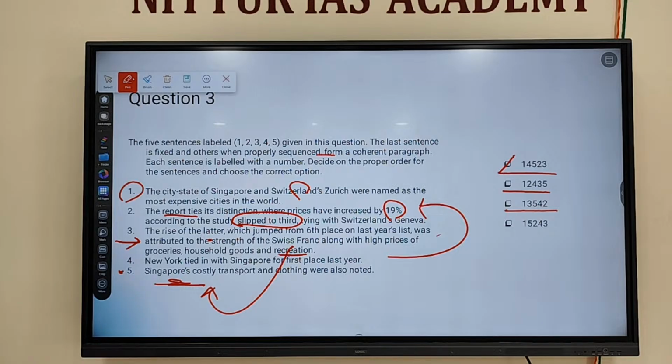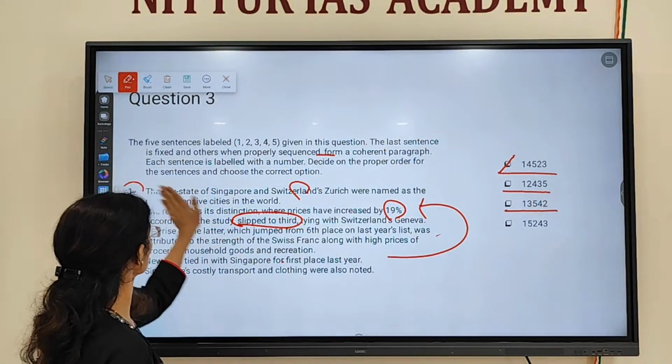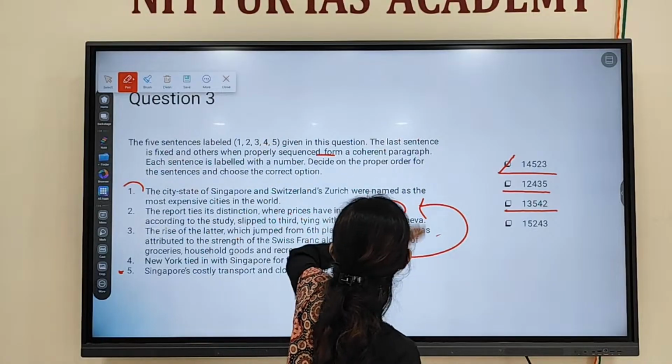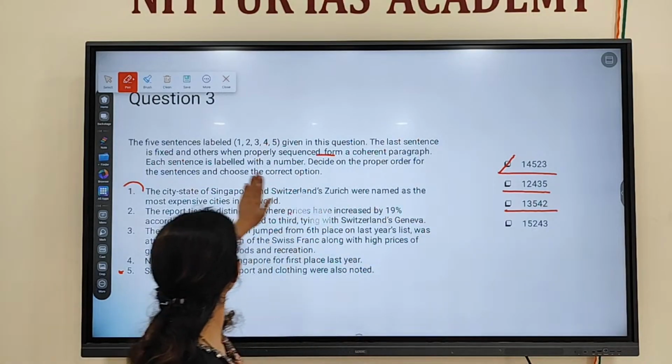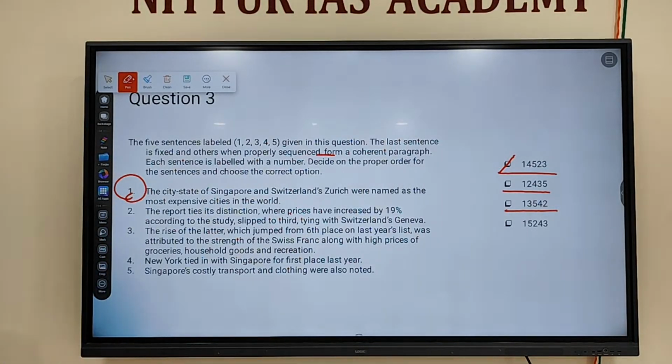What do you think? So 1, 3, 5. Let's get to one option, okay? What did we say?